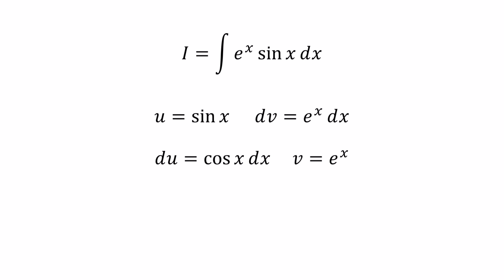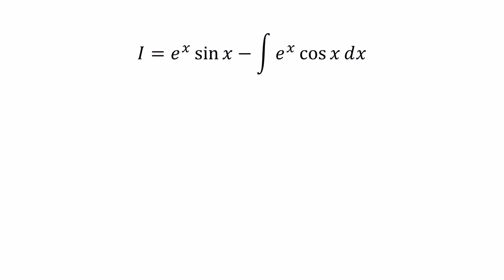Applying the integration by parts formula, we obtain I equals e to the x sine of x minus the integral of e to the x cosine of x dx. We now integrate by parts again.